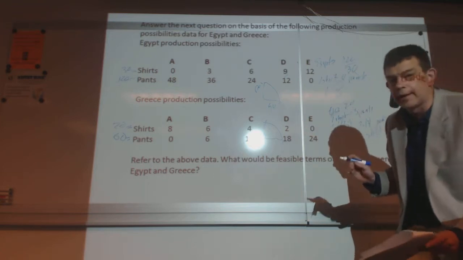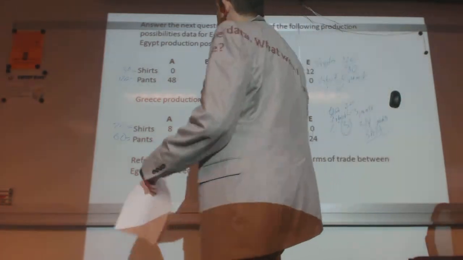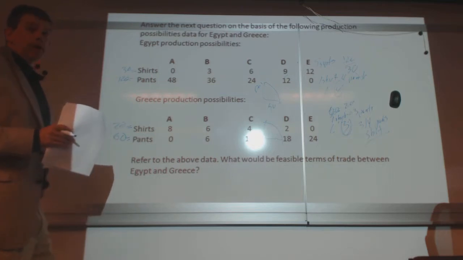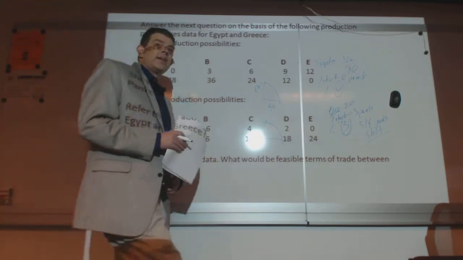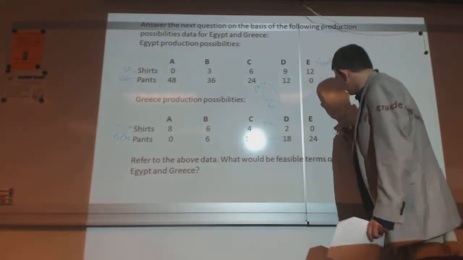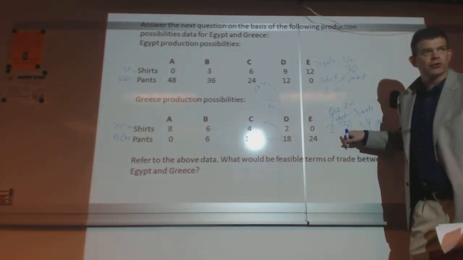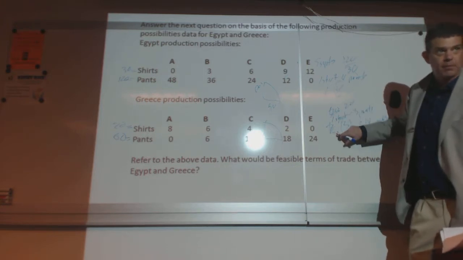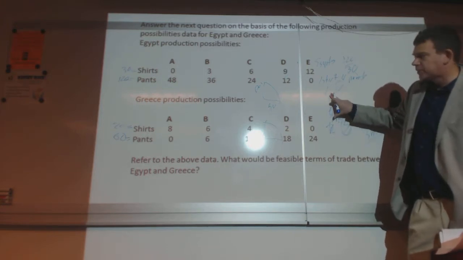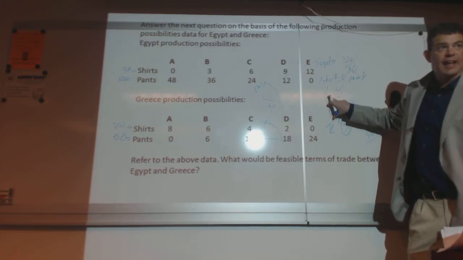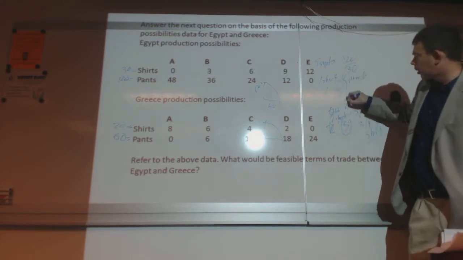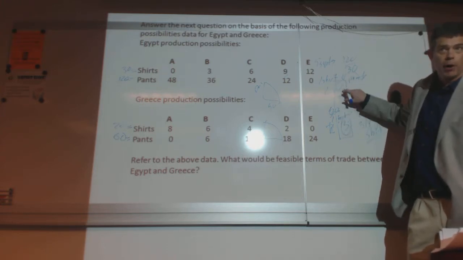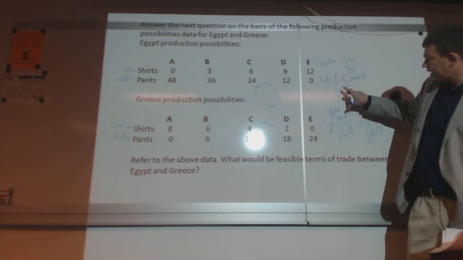Once the numbers are added up, determine your ratios. Now, in order for this to work, by the way, you do have to get the same initial base number. If this was 2 pants to 3 shirts or something like that, it wouldn't work. If the base number, in this case 1, is identical, then equitable terms of trade fall between the limits for both, anywhere between 3 and 4.